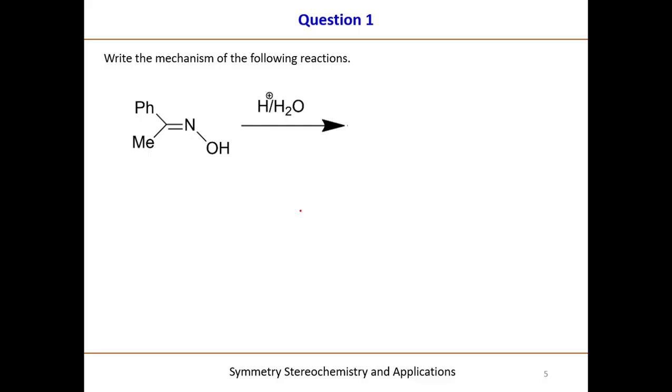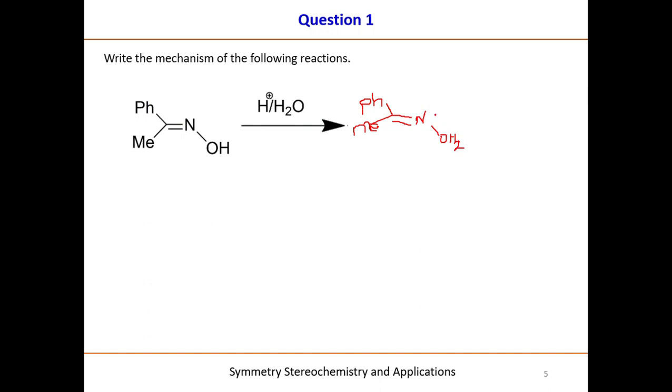So this OH group will get protonated to give the intermediate, PhC=N, this is the oxime, and this will become OH2 plus. Correct?